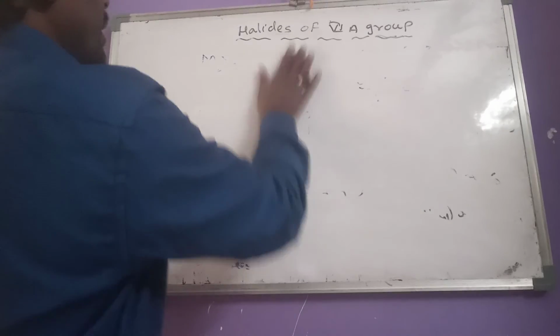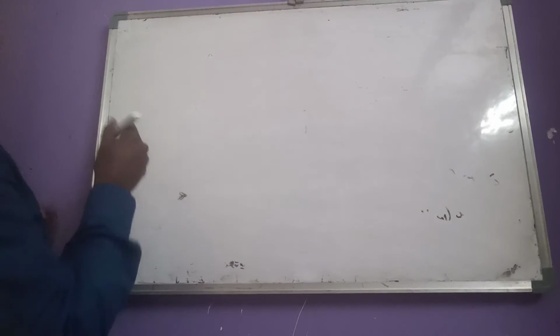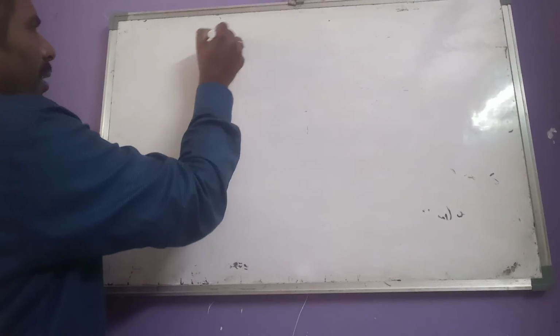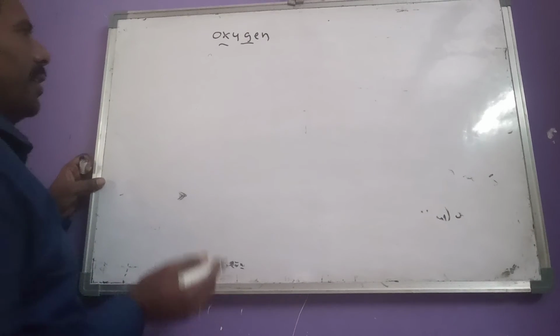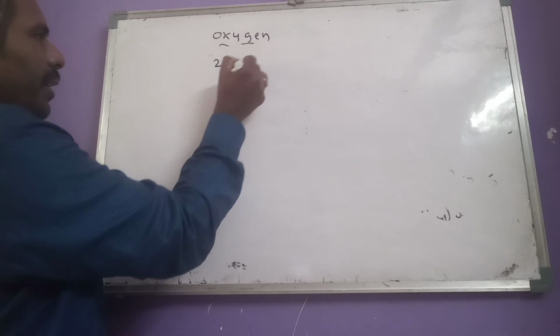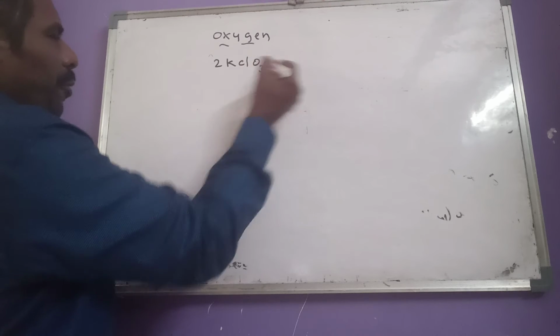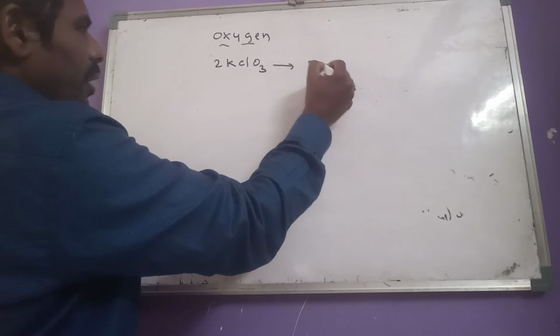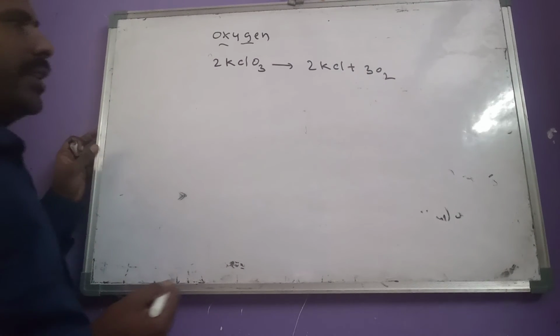Okay, now let us see oxygen. What is oxygen, how to prepare oxygen, and what is the importance of oxygen? First all of you listen here. Oxygen preparation. Oxygen is prepared by heating potassium chlorate, which gives oxygen gas.